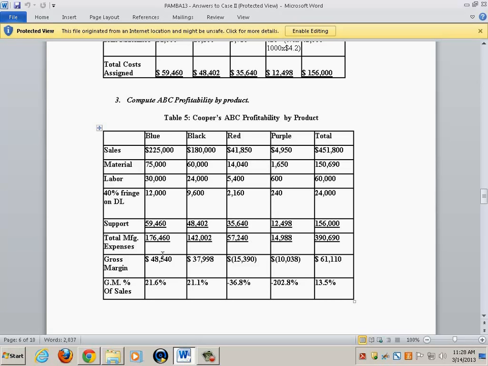I think the difference from previous analysis materially is the support cost of the indirect from the into the margin.